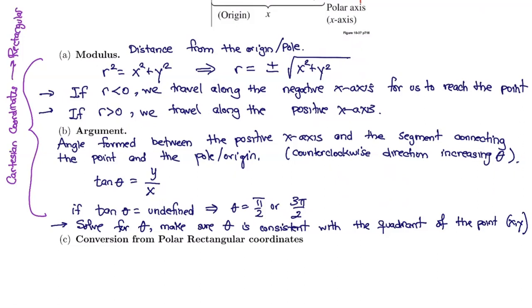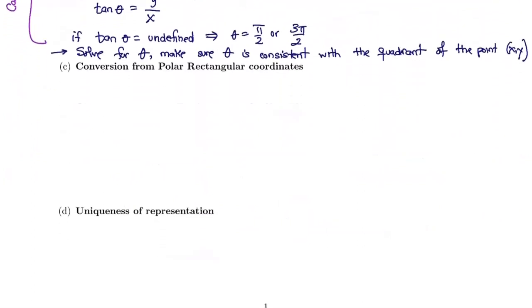If we're trying to go between polar and rectangular, we would use the next two. So these would be to convert between polar and Cartesian.